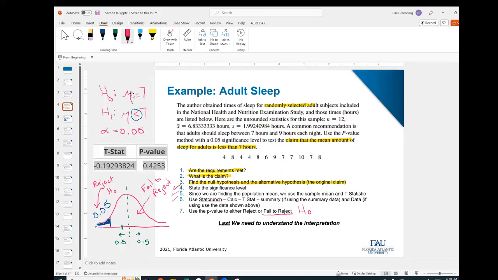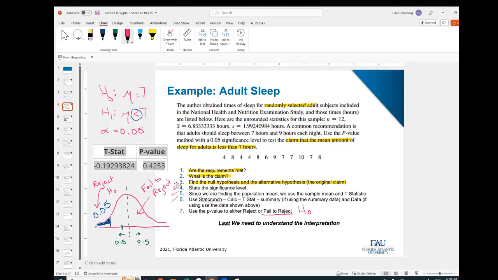Okay, we can't accept it. If we fail to reject the null hypothesis, it does not mean we accept it. And if we reject the null hypothesis, then we can go with the alternate hypothesis. But in this case, we can't reject it.